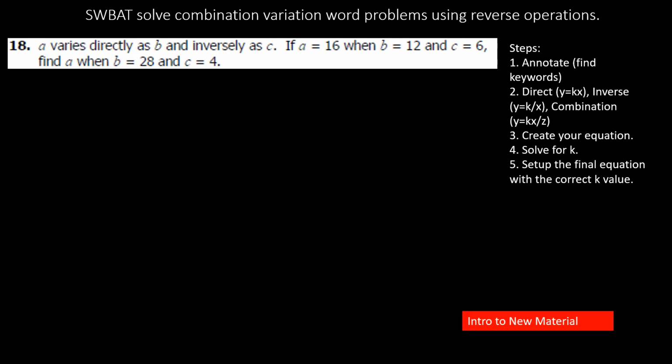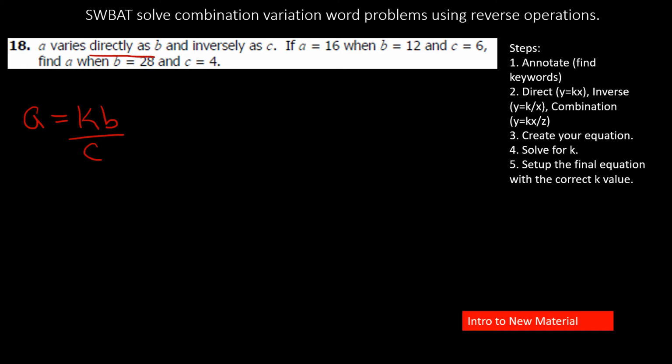So it says A varies directly as B. Okay, so we start off with A, right? So we're going to say A varies directly, so we have K and B, and inversely was C. So C is going to be here in the denominator, right?